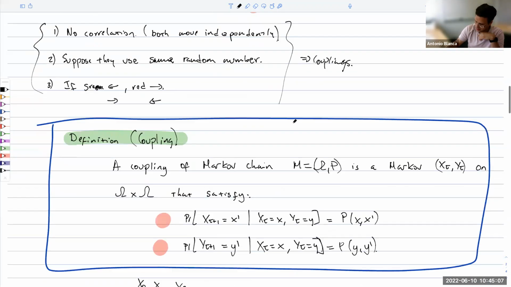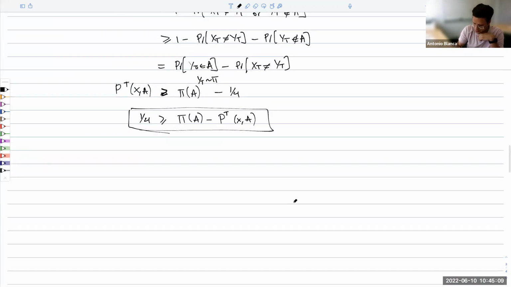So let's just do it. If you take the set A to be the set that maximizes the absolute value, we choose A like that.